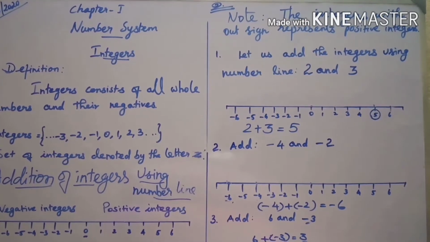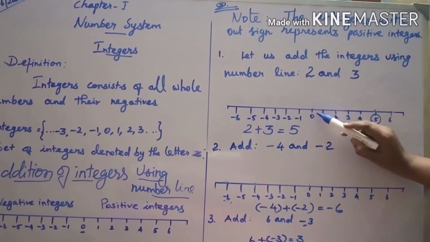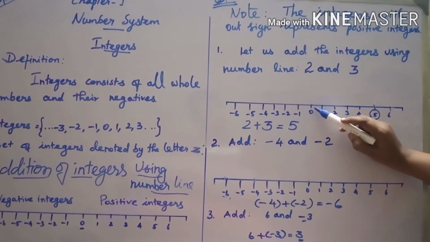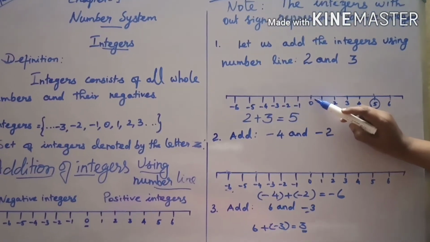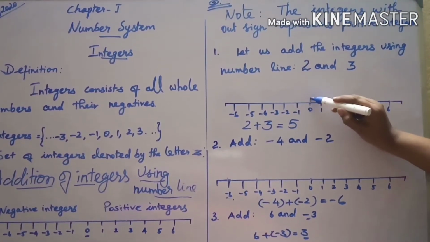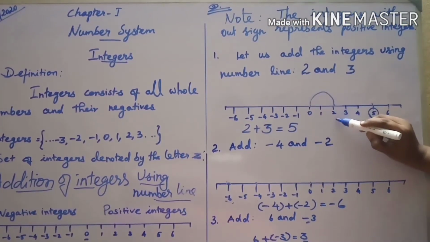On the number line, we first start at 0 facing positive direction and move 2 steps forward, reaching 2.